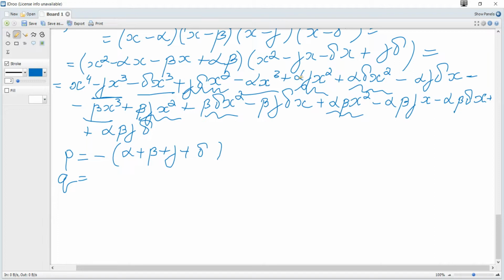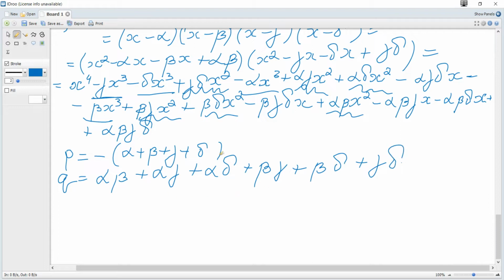I hope there is no mistake, so q must be alpha beta plus alpha gamma plus alpha delta plus beta gamma plus beta delta plus gamma delta.